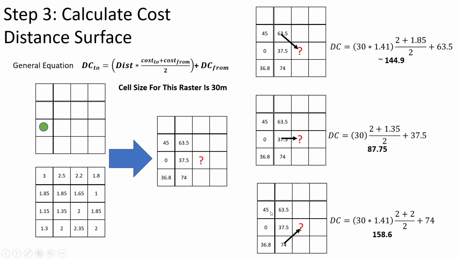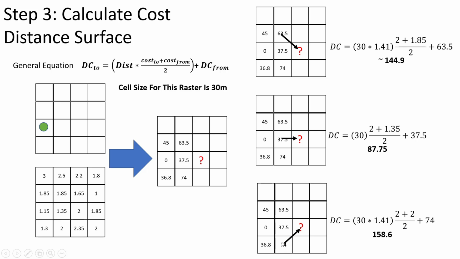And then we have the option of going down and then going up. So to go from this cell to this cell, we're going to calculate, again, it's going to look much like the first option. We have the distance with that weight factor, plus, in this case, we're going from a cost of 2 to a cost of 2. So it's 2 plus 2, taking the average.